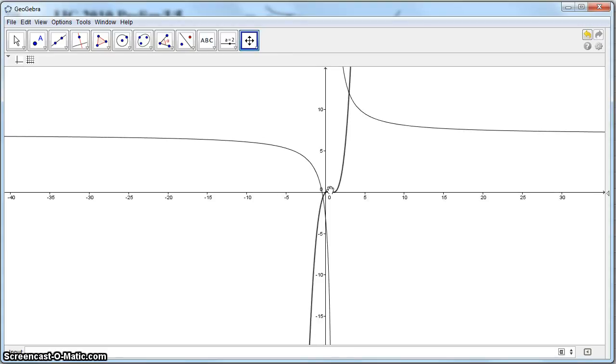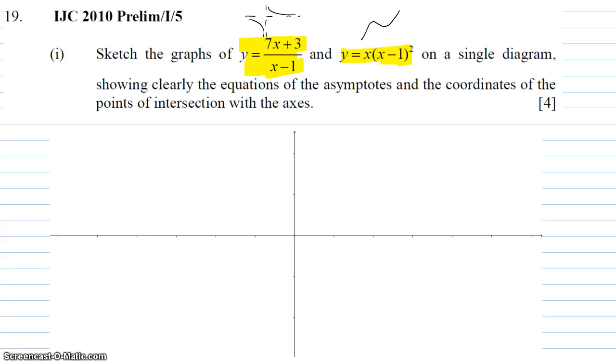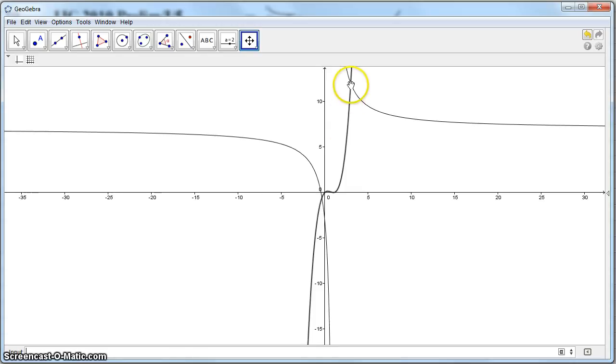I don't need to worry too much about the details, but there is one other detail I should care about, because I think I'm asked to look at it. Hold on, let's just see. I have to show clearly the coordinates of the points of intersection with the axes, so not with each other. Okay, so it should be fine. But I would just note, if I can, the intersection points here and here.